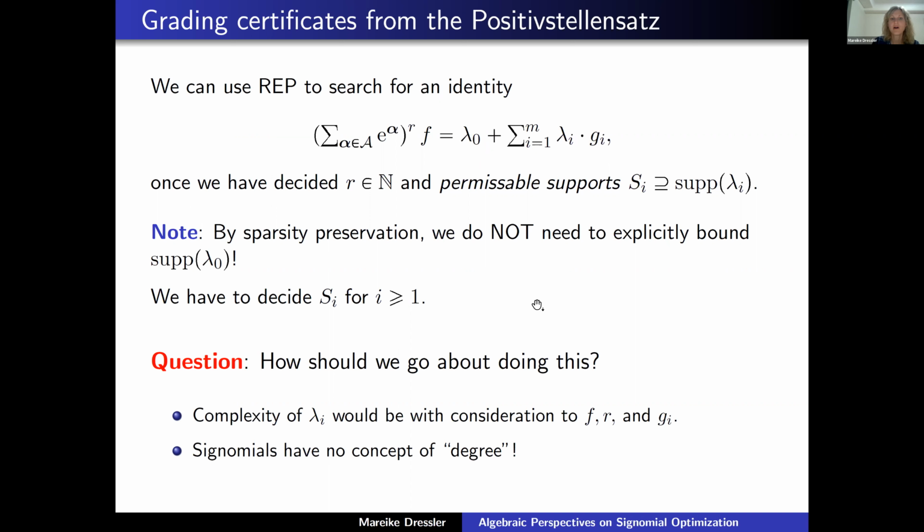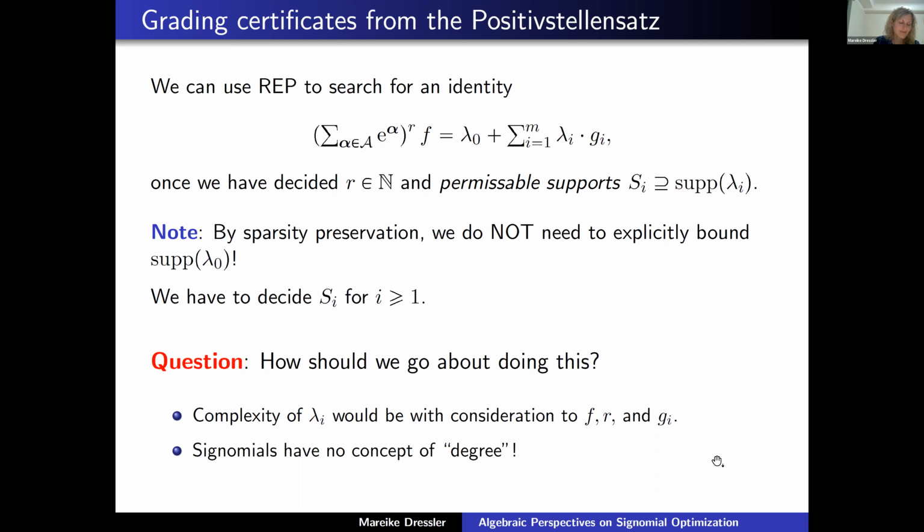What we have to consider is that the complexity should take into account our Signomial F, this input Signomial, then clearly this natural number R, and also clearly the constraining Signomials g_i.